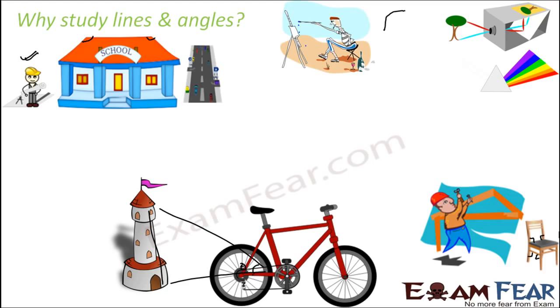If you want to move into automobile engineering and design cycles and cars, you need to know the concept of lines. For example, in the cycle there is an angle here, the spokes are at a given angle, and these are all lines. Everywhere around us you'll see lines and angles. This is a very important concept, the basic building block of engineering activities.